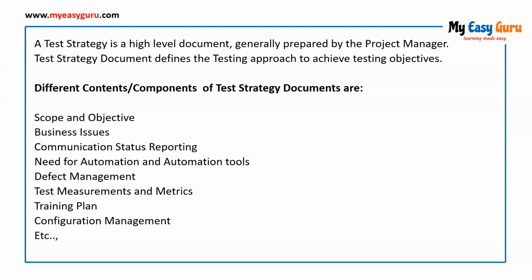Then in test approach, it will define the parameters like the process of testing, the level of testing, roles and the responsibilities of the team members. Then it will show the need of automation tool if it is applicable. So these are the different contents of the test strategy document. Now let's move forward to the next question.